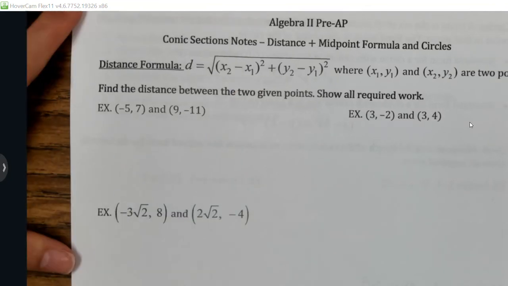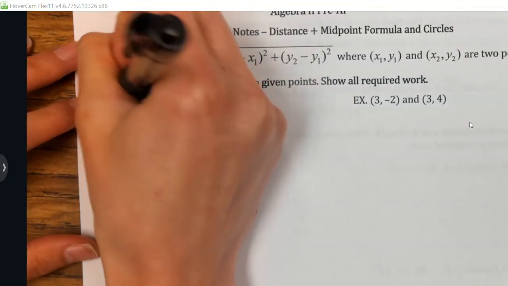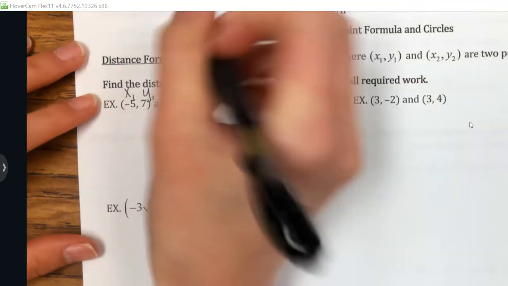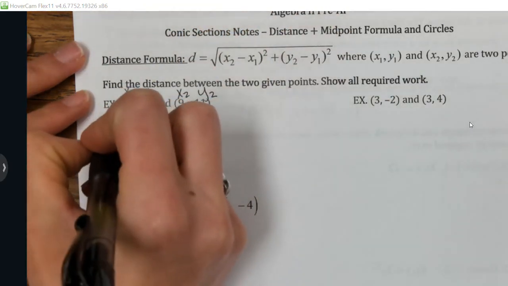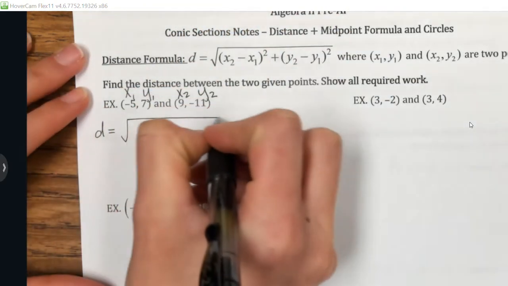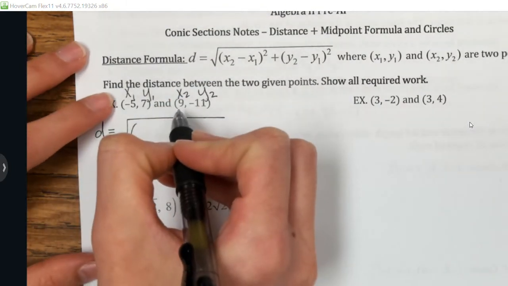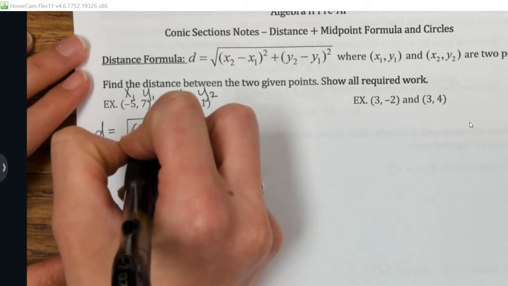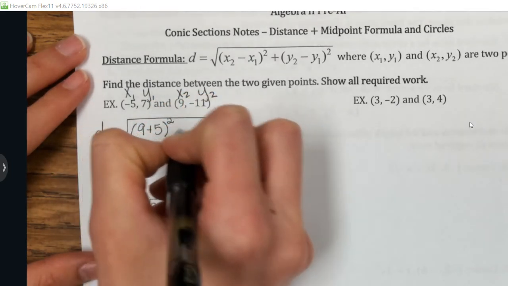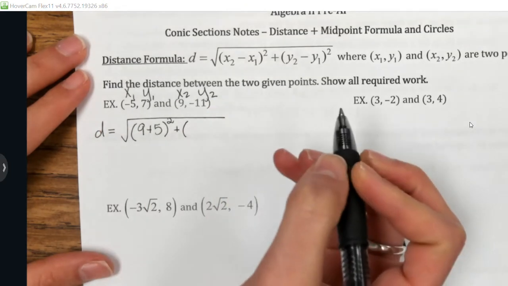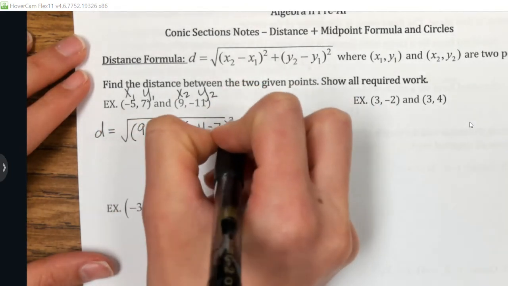So if you're just finding the distance, if you need to label x1, y1, x2, y2 to keep it straight, you can. So you're going to take the difference of your x's squared. So 9 minus negative 5 turns into plus 5 squared, plus, take the difference of your y's, negative 11 minus 7 squared.